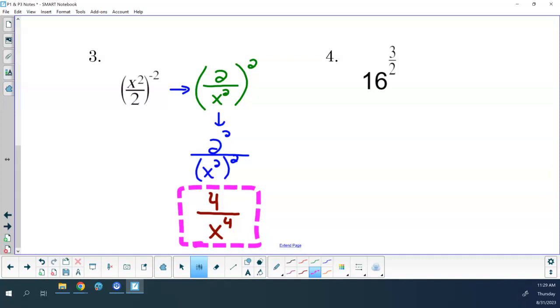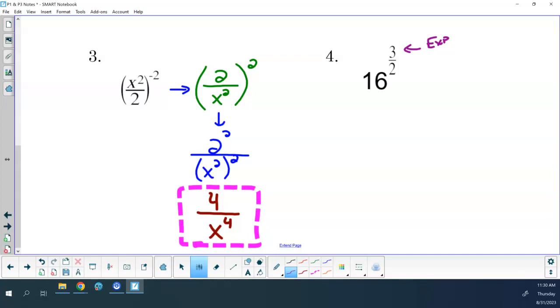Questions, comments, concerns, clarifications on any of those variable type ones? Now, when it comes to numbers and exponents, now we can actually start doing some stuff. This top number here is the exponent, and it will remain the exponent.